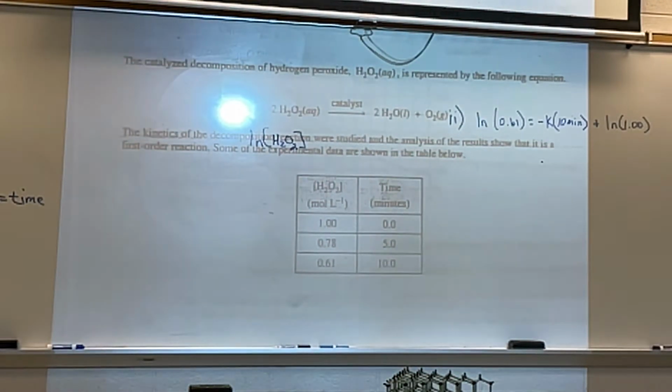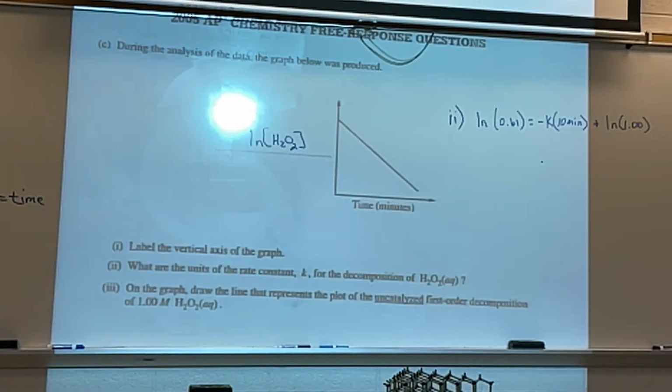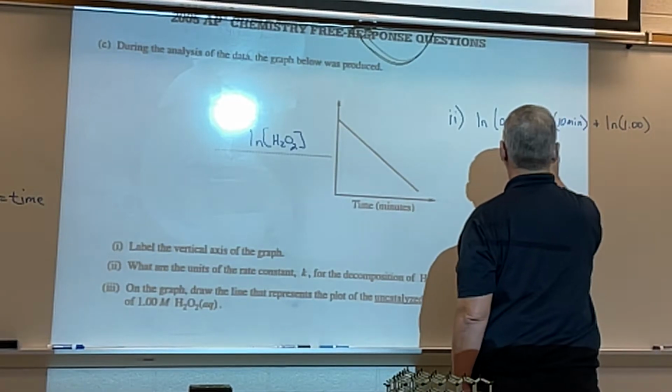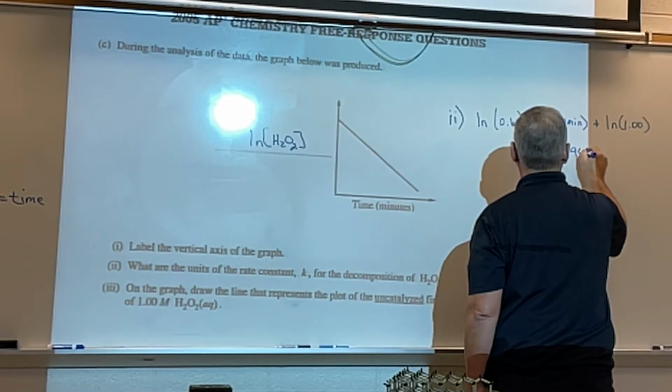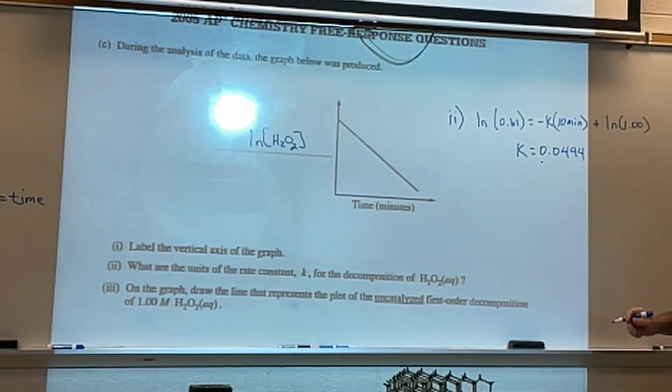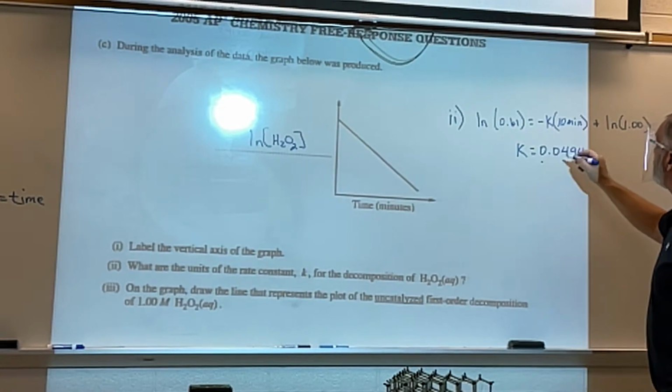So, what does that come out to? 0.049? That what you got? Alright, now notice there are no units on these, so it's just going to be divided by, so it's per minute.